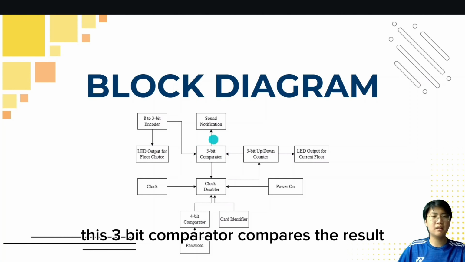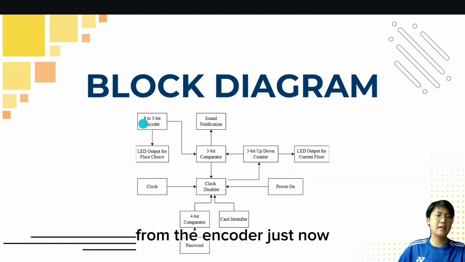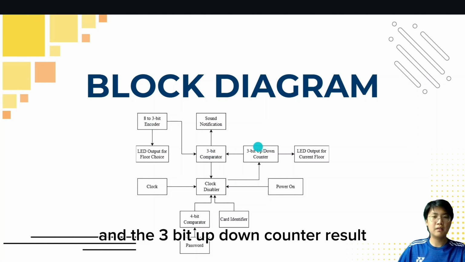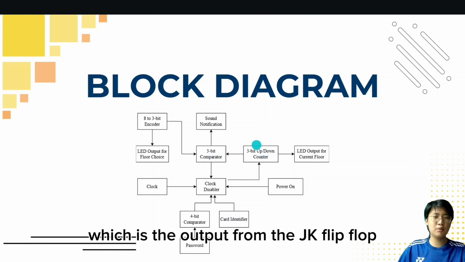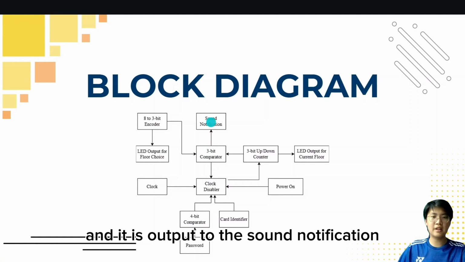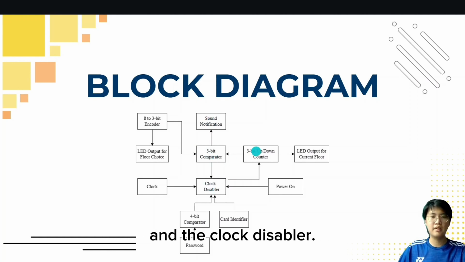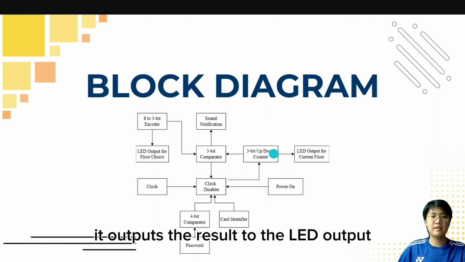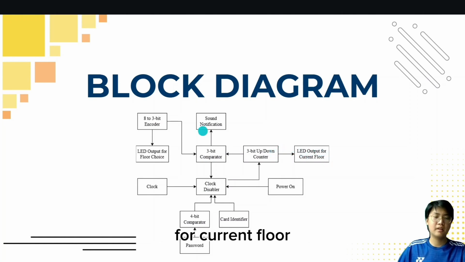This 3-bit comparator compares the result from the encoder, which is the lift switch, with the 3-bit up-down counter result, which is the output from the JK flip-flop. It compares the two, and outputs to the sound notification and the clock disabler. The 3-bit up-down counter outputs its result to the LED output for the current floor.